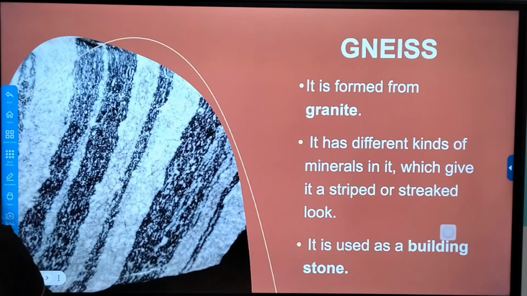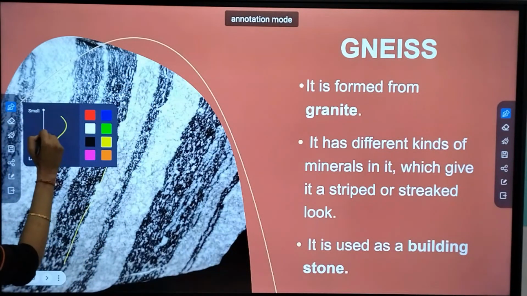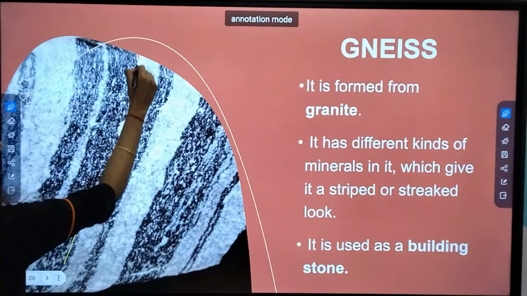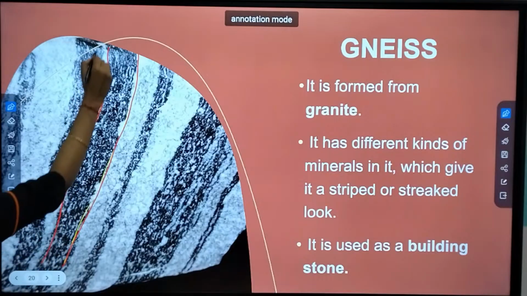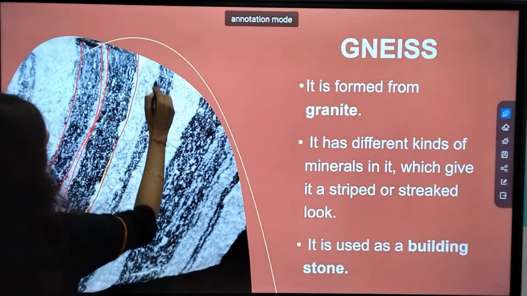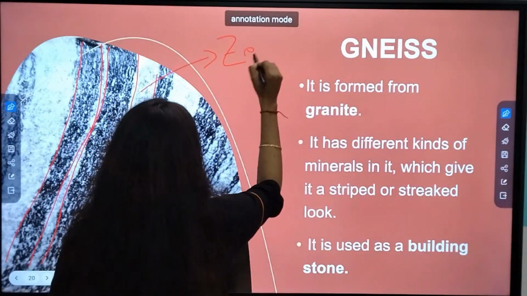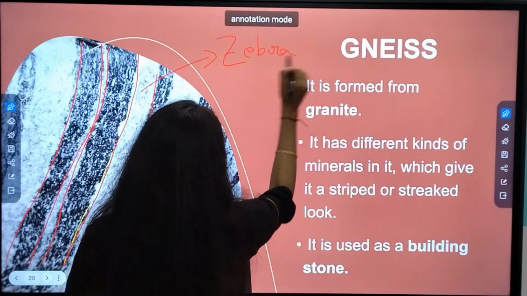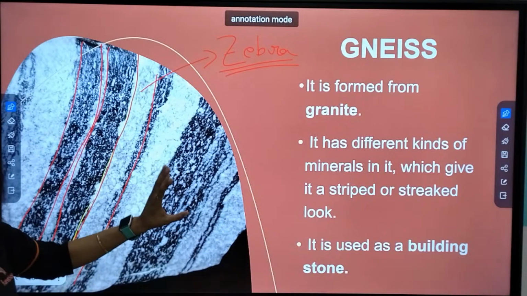Now gneiss. Gneiss is famous for the presence of stripes, just like a zebra. See? Black stripes. Just like a zebra. So this is formed of igneous rock. Okay?